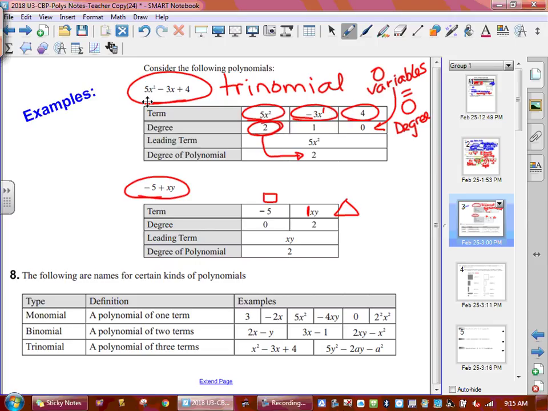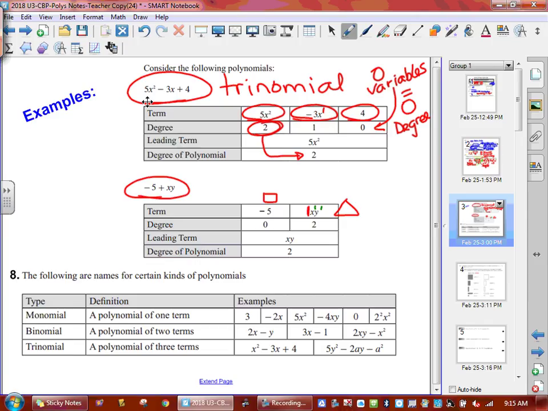That's what the algebra tiles show us. So, the degree of any constant, 0 variables, is 0 degree. Here I've got 2 variables, and both of them have a hidden 1 for an exponent. So they each have a little baby 1, and that's what was added to get the 2 for the degree. We had to add those 2 baby 1s up there. So now they've got degree 2.